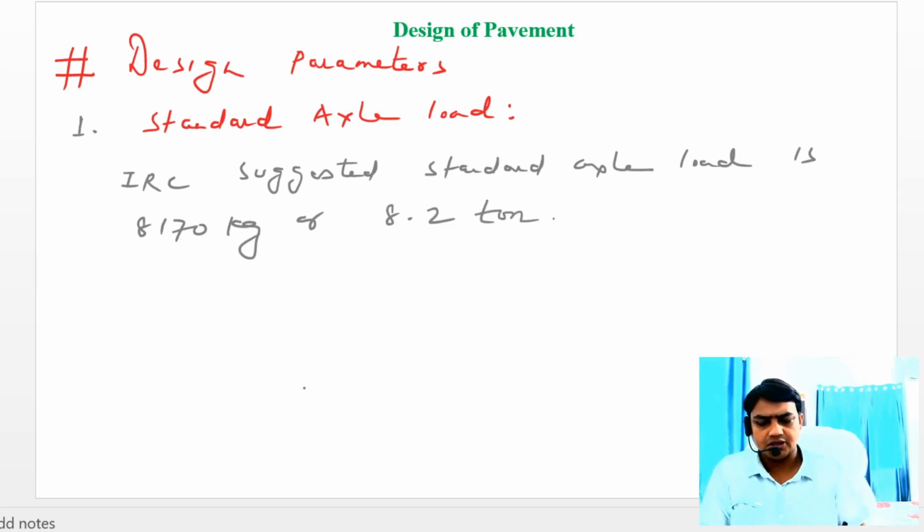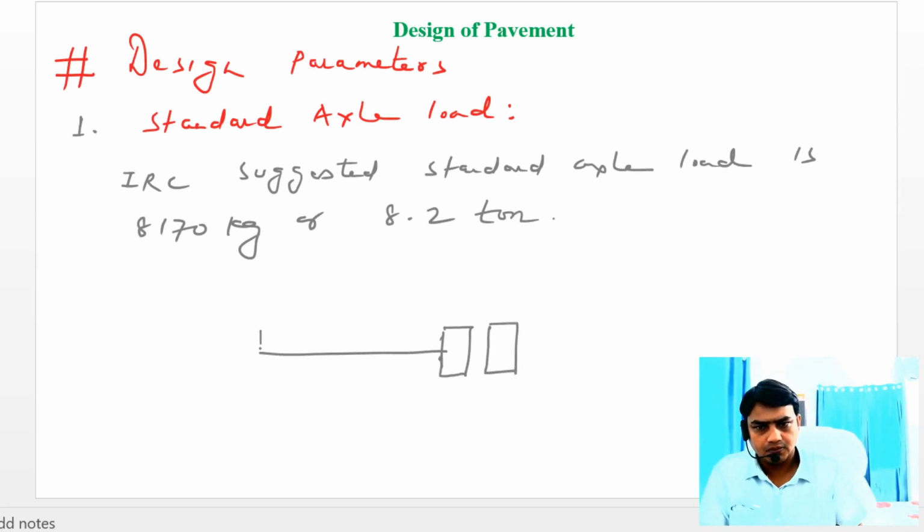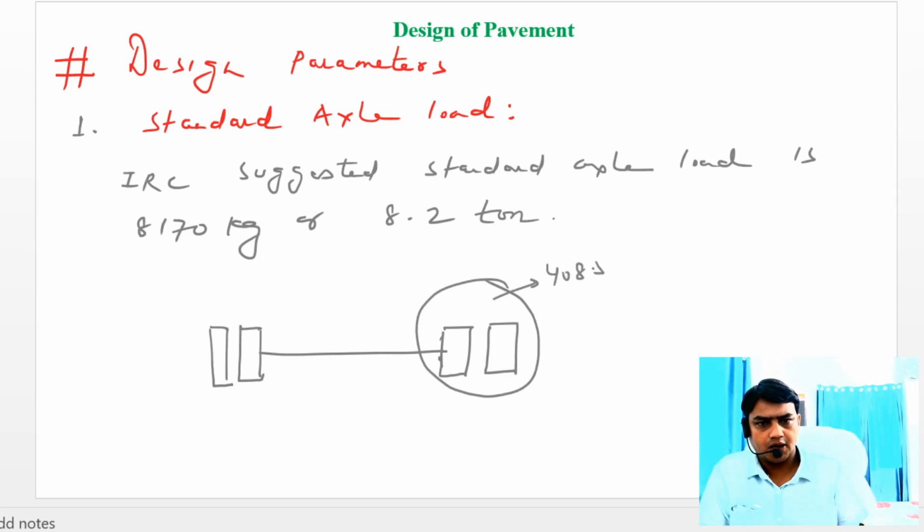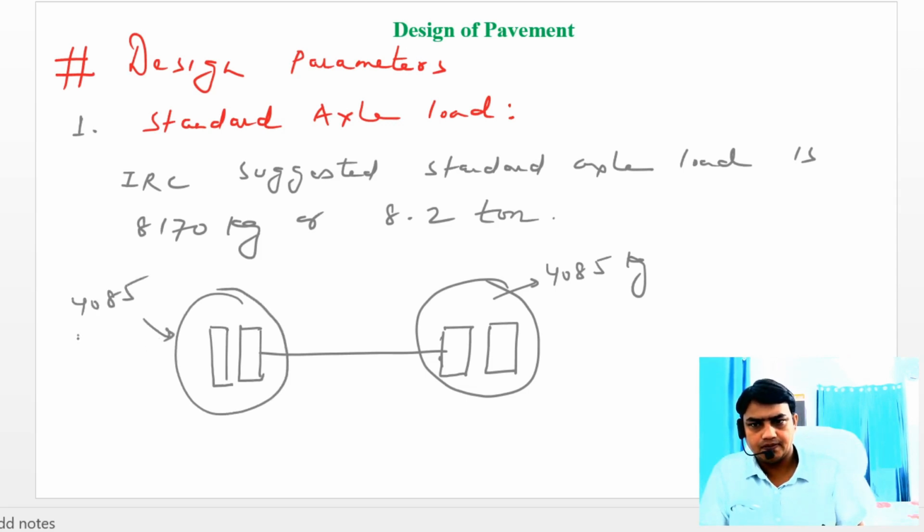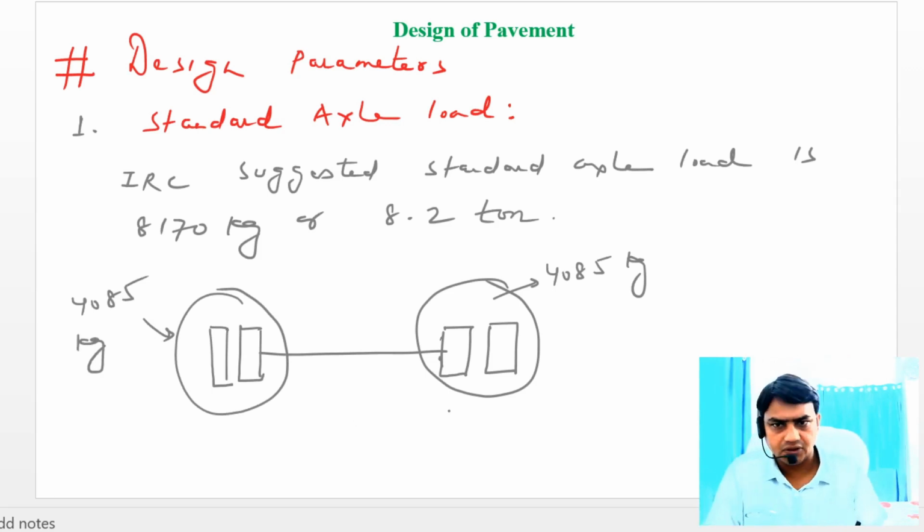Let us assume this is our axle, so this value is 4085 kg, and this is also 4085 kg. So this is the first design parameter, that is standard axle load.